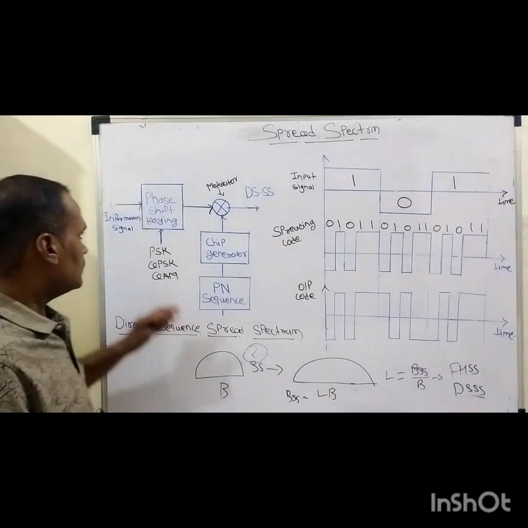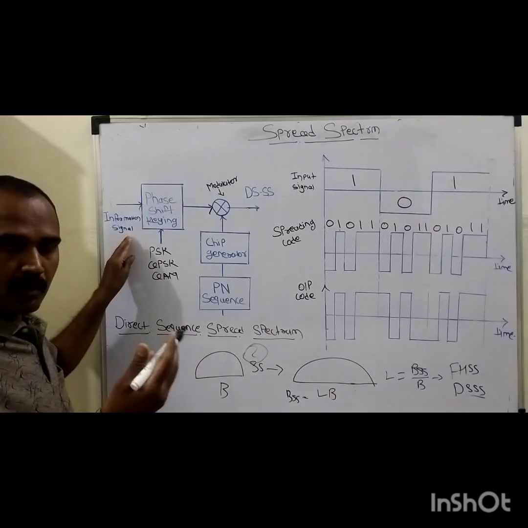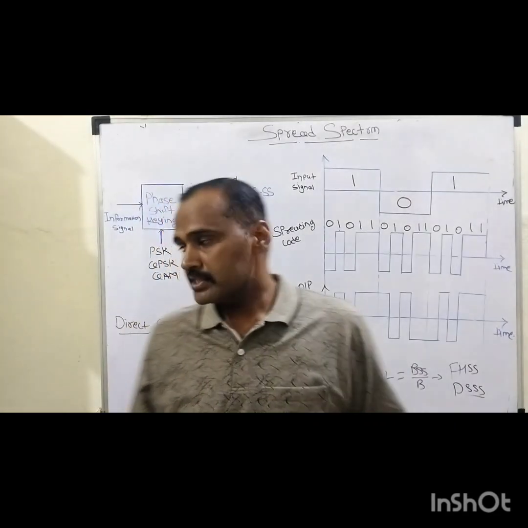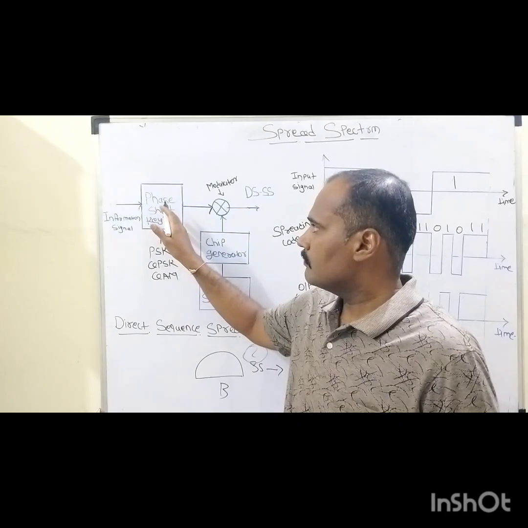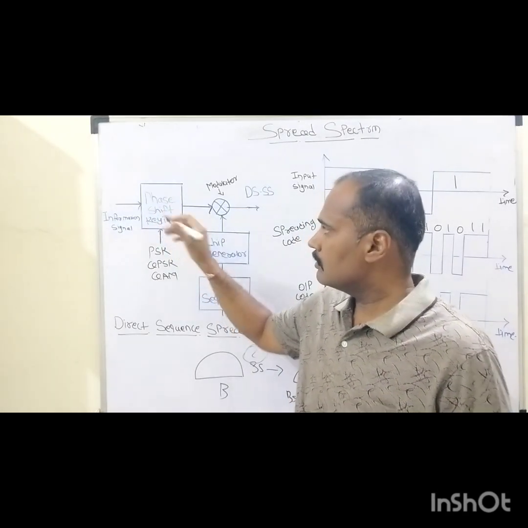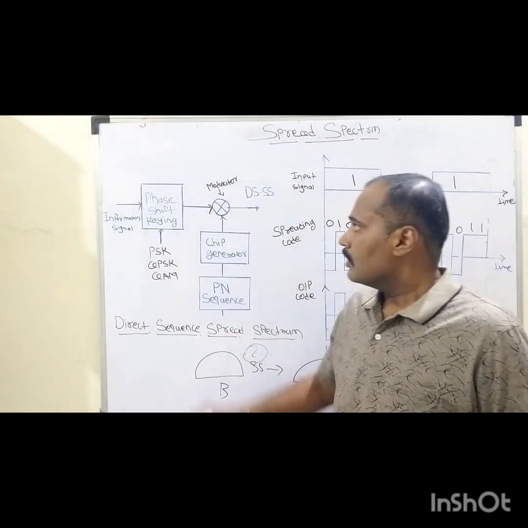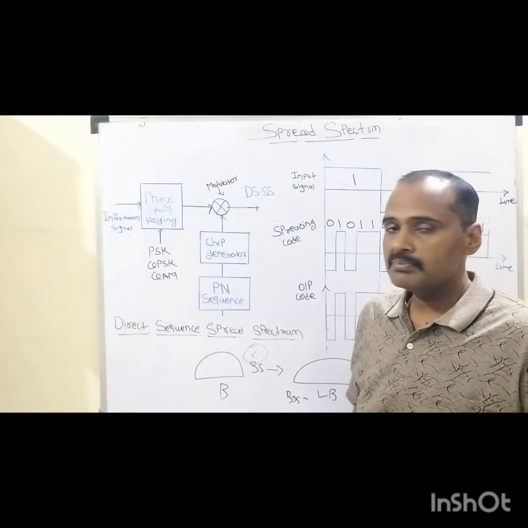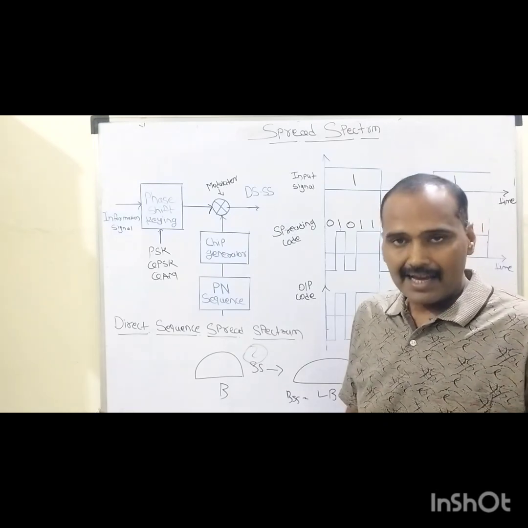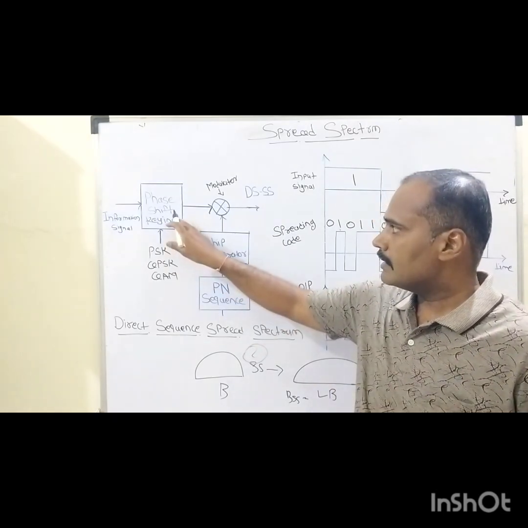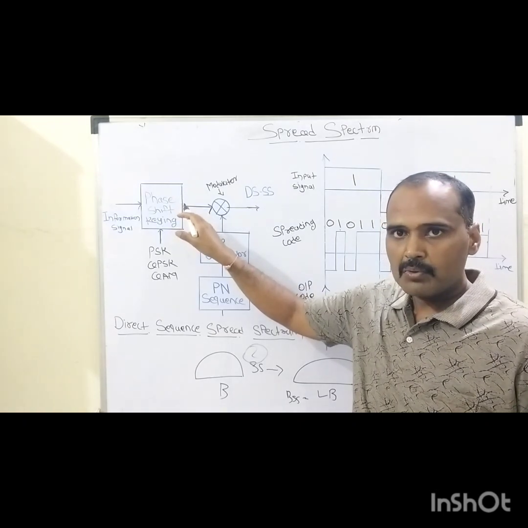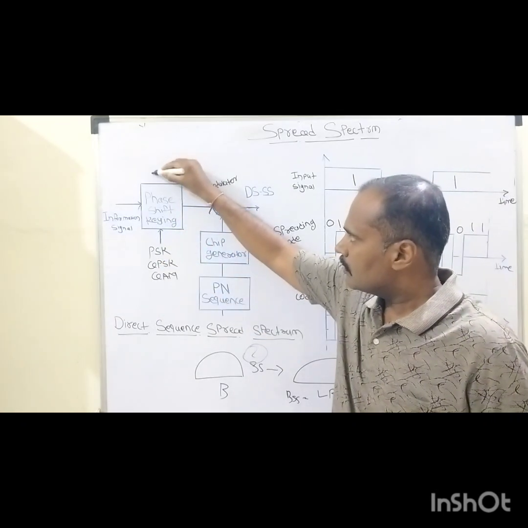Let us begin with the input signal, or information signal. These information signals are given to the first modulation step, and the name given to this block is the phase shift keying modulator. Either we can have a single carrier or a multi carrier continuous wave digital modulator in this first level of modulation.